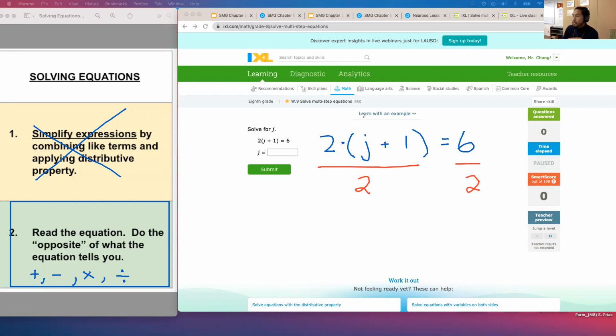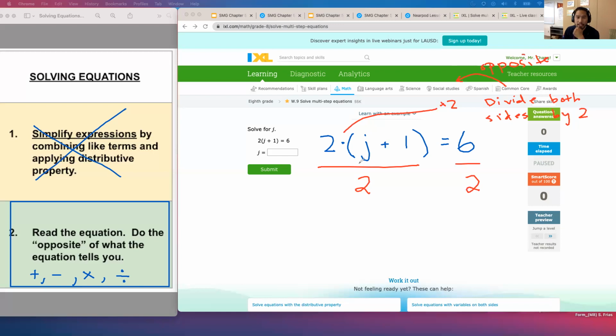So I see multiplication, this is times 2. And instead, I'm going to divide both sides by 2. This is the opposite.